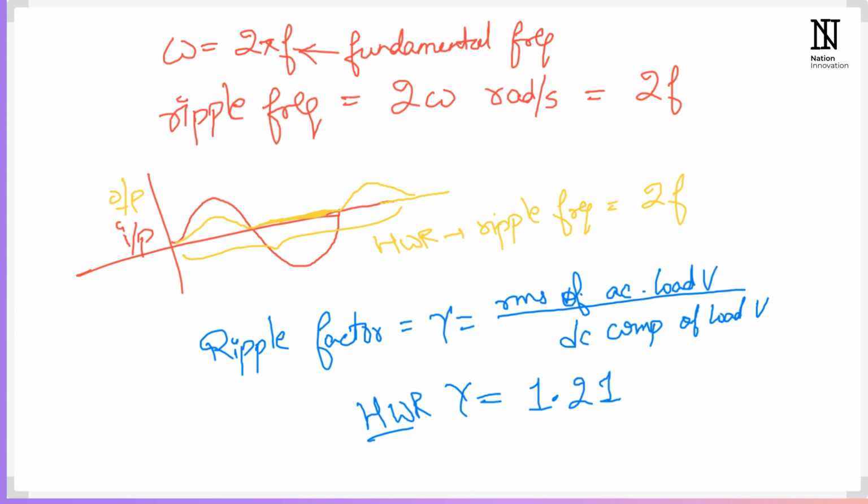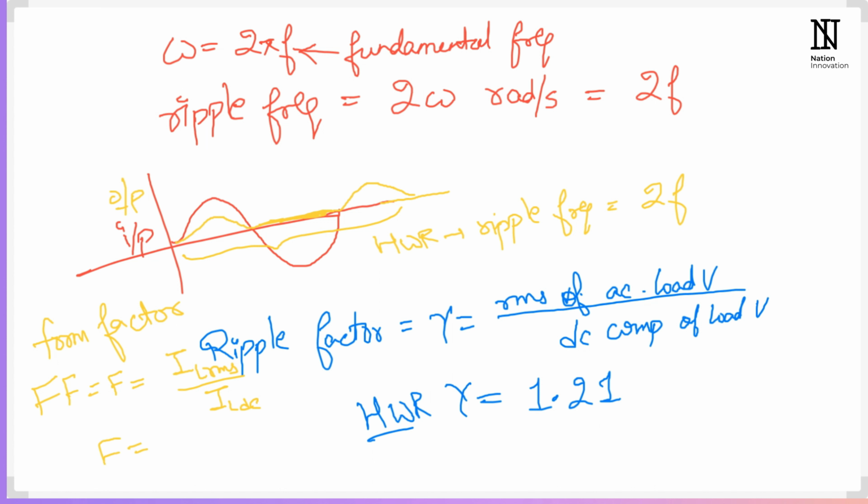Similarly, we have a term called form factor, which is given by the load current RMS value divided by the load current DC value.